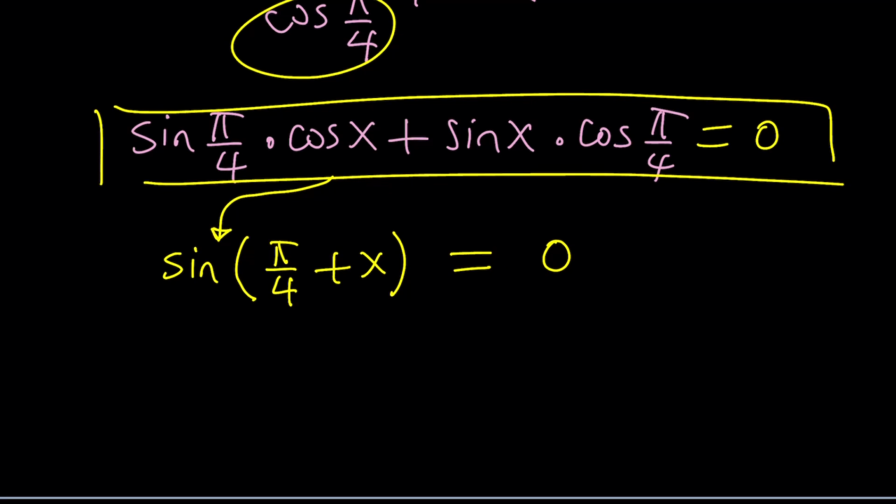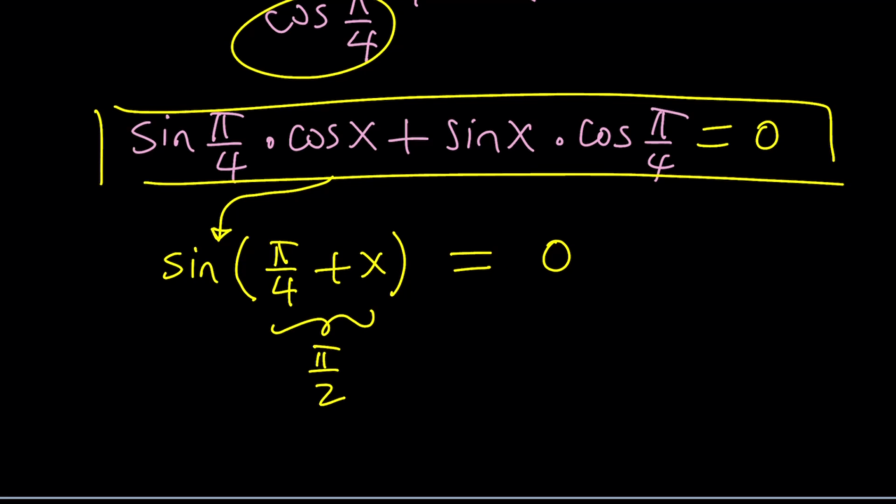And that's amazing because that really simplifies the problem. Now think about it. Think of an angle whose sine is 0, for example, pi over 2. By setting this equal to pi over 2, you're going to find immediately that x equals pi over 4 is a solution, so on and so forth, right? Great. So you can definitely go about different alternatives for this problem and just continue to solve it.